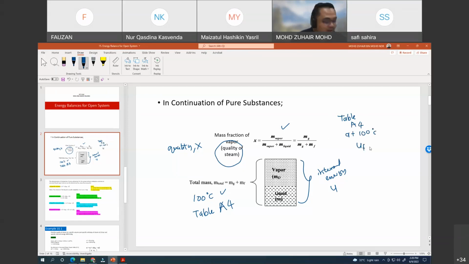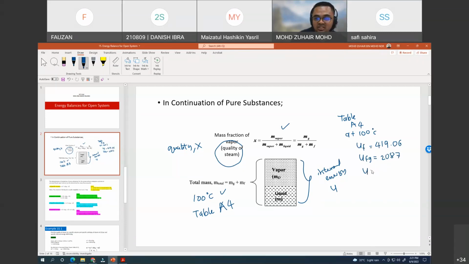Uf is 419.06. Ufg, how much? Ufg? 2087.7.